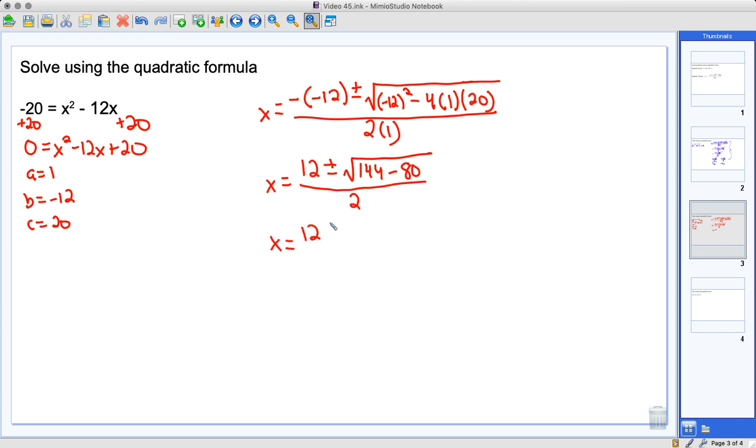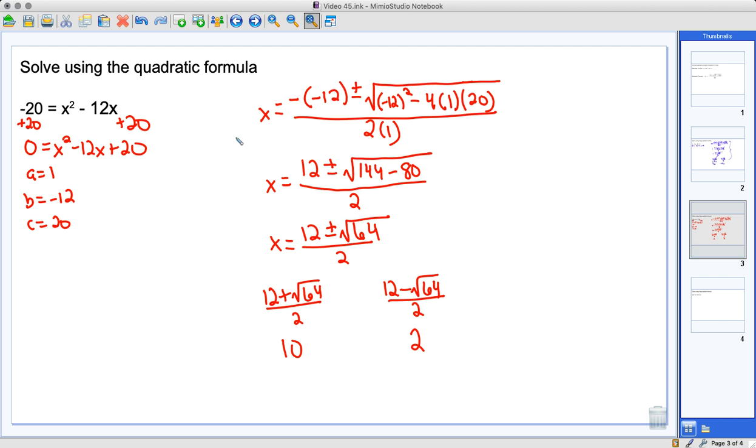So then you get 12 plus or minus the square root of 64, when you subtract those, divided by 2. Create your two expressions. So we've got 12 plus square root of 64 divided by 2, and 12 minus square root of 64 divided by 2. With the first one, we get 10. The second one, we get 2.